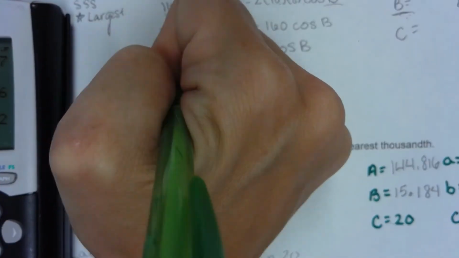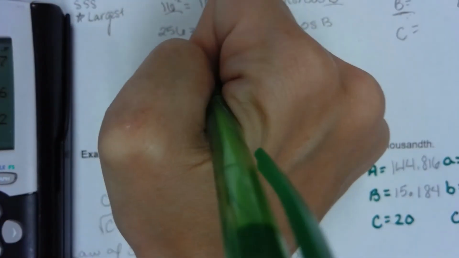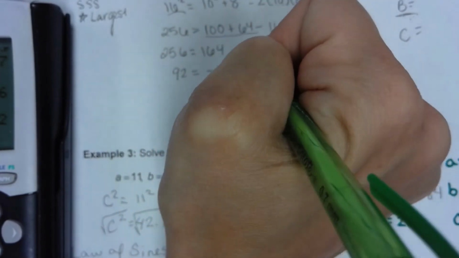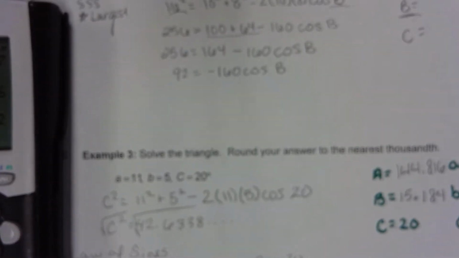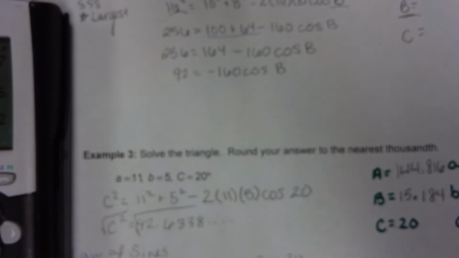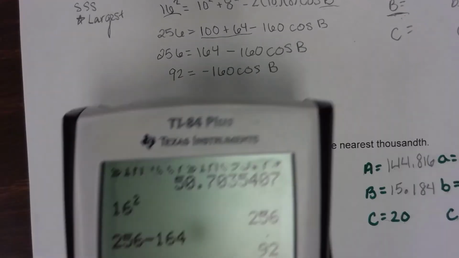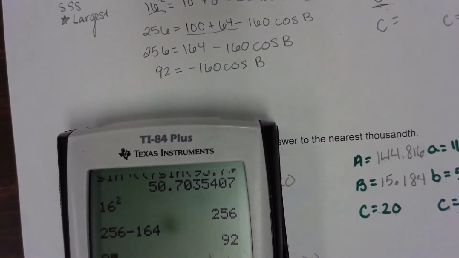So we get 92 equals negative 160 cosine B. Now let's get rid of that negative 160. What is negative 160 doing to cosine? It is multiplying. How do you get rid of multiplication? Division. So we're going to take 92, divide by negative 160.